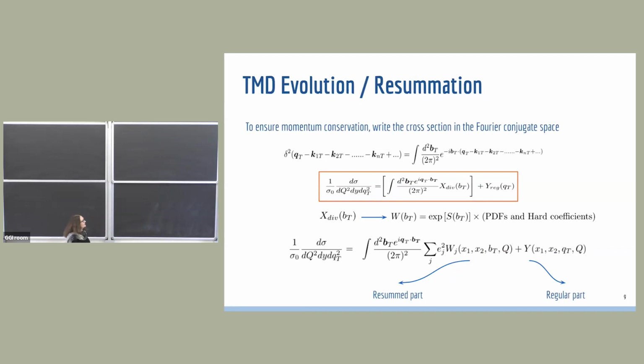So you have a complicated delta function in the Feynman diagram, which has to ensure momentum conservation. And these momentum conservation laws are much more conveniently taken into account in the BT space, okay? So you Fourier transform to the conjugate space, and you write your cross-section.